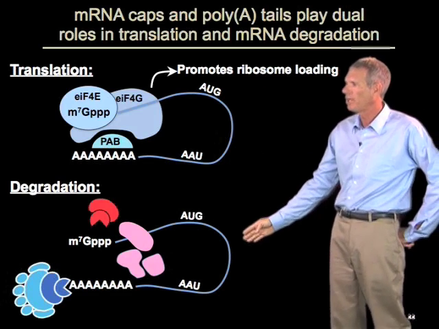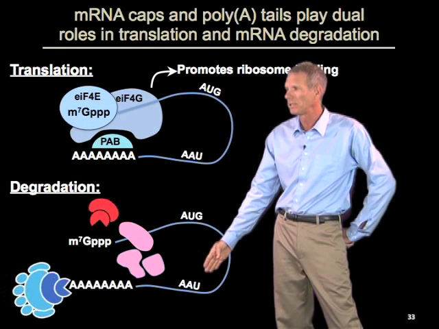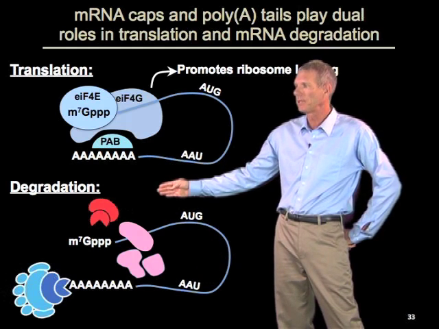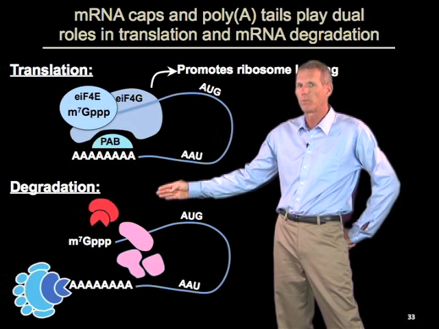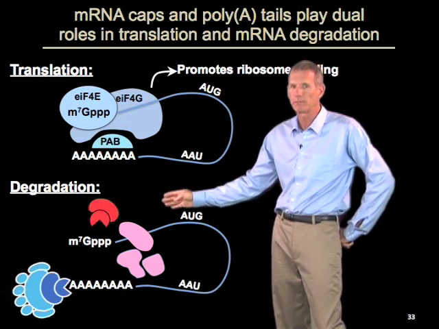Conversely, during degradation, these are the 2 structures the main nucleases in the cell target. The poly A tail is removed by the CCR4 or PAN2 complex, ultimately leading to decapping of the message by the decapping enzyme. And once the message is decapped, as far as we know, the 5' to 3' exonuclease degrades the message extremely rapidly.